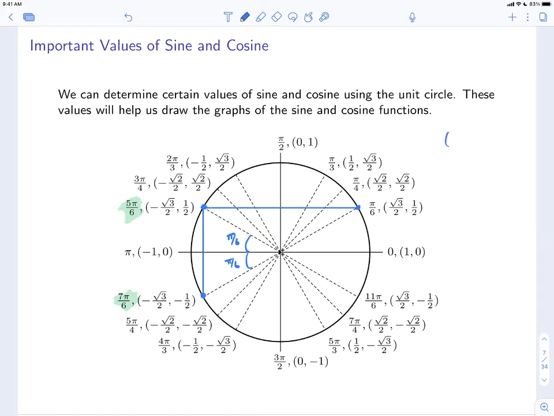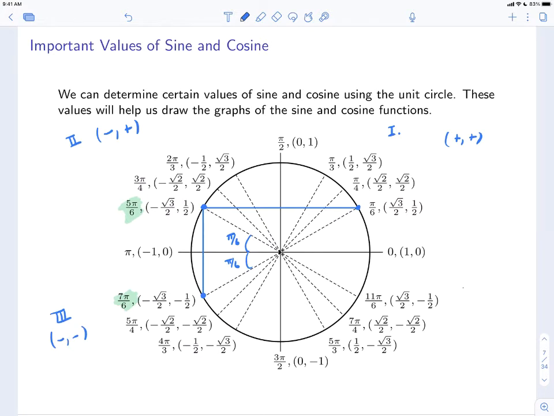If you're in the first quadrant, they're both positive. So this is the first quadrant here. The second quadrant over here has x negative and y positive. The third quadrant is down here, and this one has both negative.